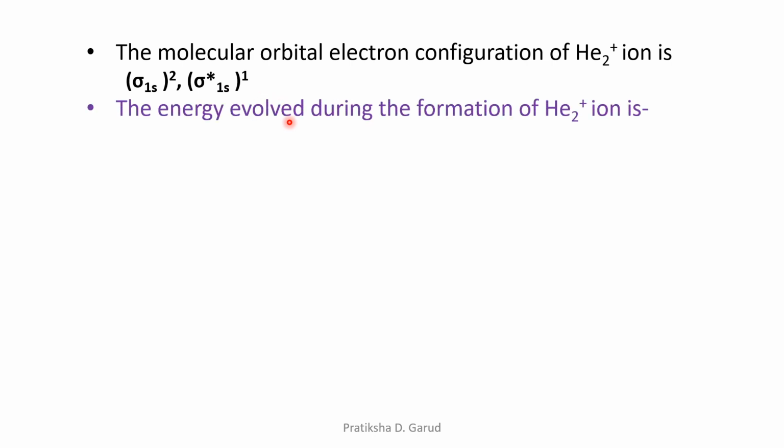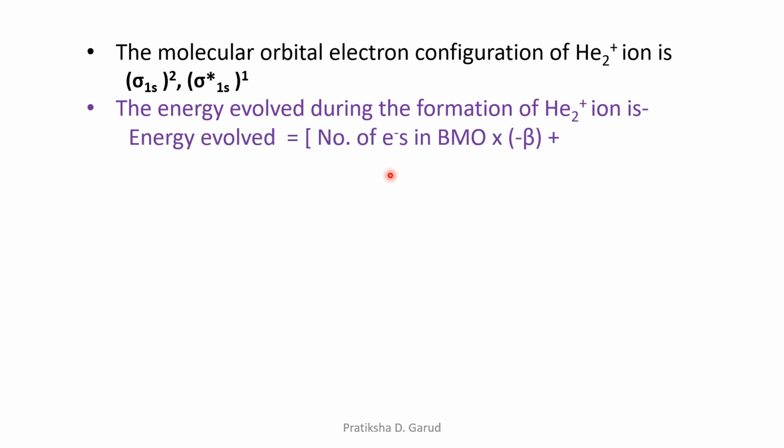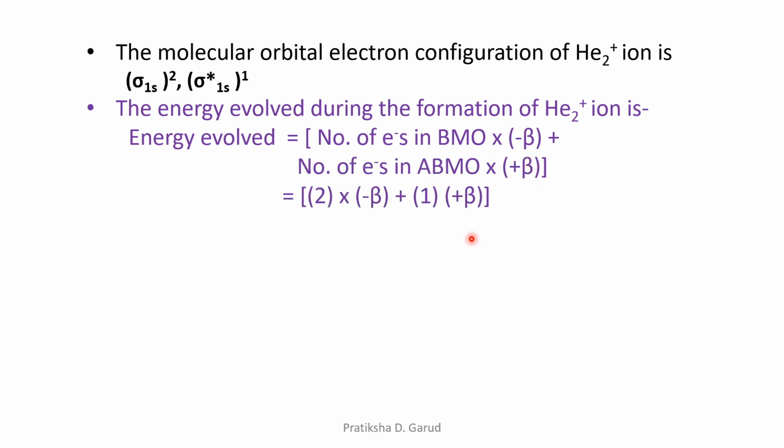Then the energy evolved during the formation of the He2 plus ion is given by the formula: energy evolved equals number of electrons in BMO into minus beta plus number of electrons in ABMO into plus beta. So this equals 2 into minus beta plus 1 into plus beta, which is minus 2 beta plus beta, which equals minus beta.